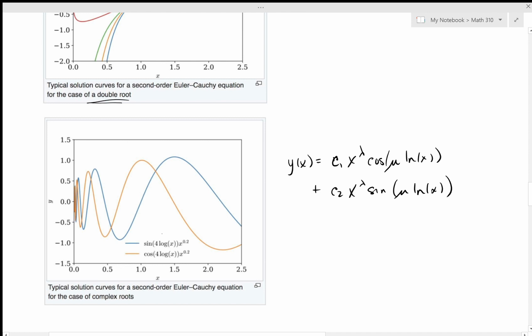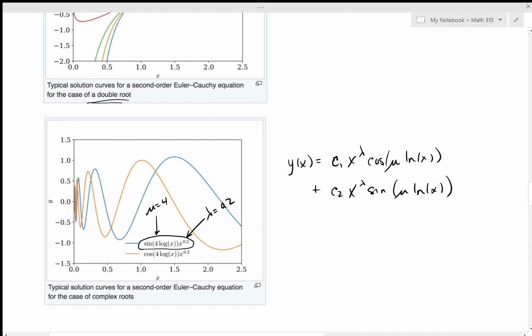Okay, so then they're giving you here a drawing. Here is the blue curve. There is sine of 4 log x, so that would be mu. Mu is equal to 4, and here is our lambda. Lambda is equal to 0.2, and then the orange one is the other curve.